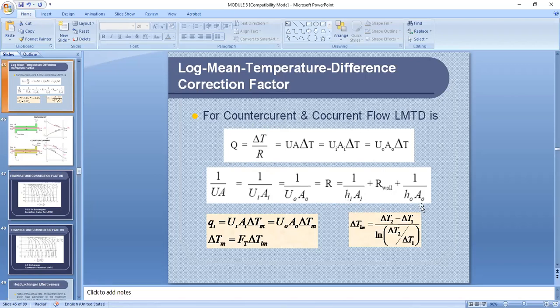But if you are given overall heat transfer coefficients, you use the other one.